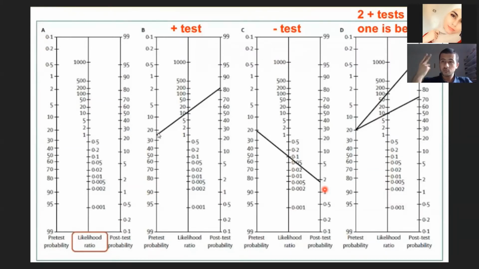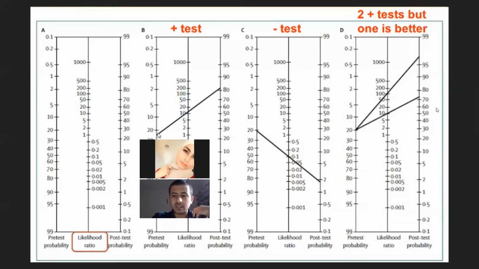If I have 2 tests and I want to think about a positive result, I want to confirm the disease, I shouldn't compare the negative results. I do not care about them. So I will compare those 2 tests in the positive likelihood ratio.